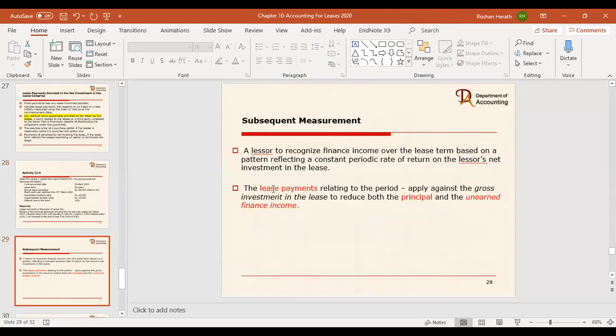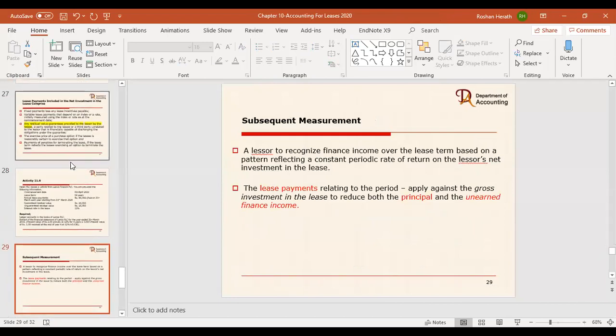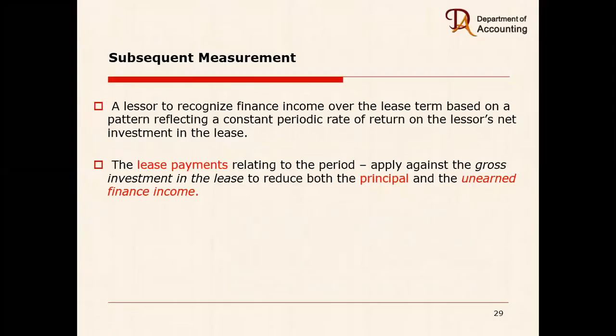So in fact, this is what we did, the subsequent measurement. I will look at that particular slide and finish things off. A lessor is to recognize finance income over the lease term based on a pattern reflecting a constant periodic rate of return on the lessor's net investment in the lease. So it talks about subsequent measurement.